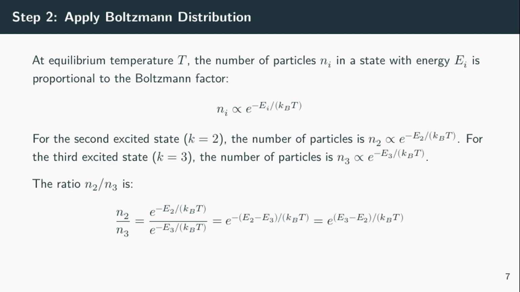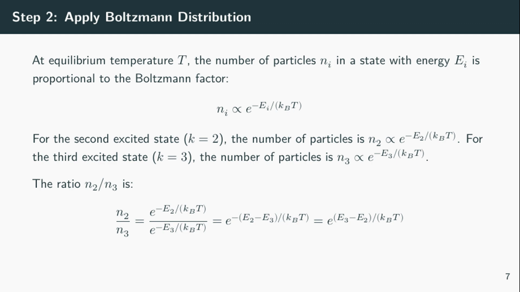For the third excited state, k equals 3, with energy E3, the number of particles, N3, is proportional to e to the power of minus E3 divided by kBT. The ratio N2 over N3 is then given by the ratio of these Boltzmann factors, e to the power of minus E2 divided by kBT, divided by e to the power of minus E3 divided by kBT.